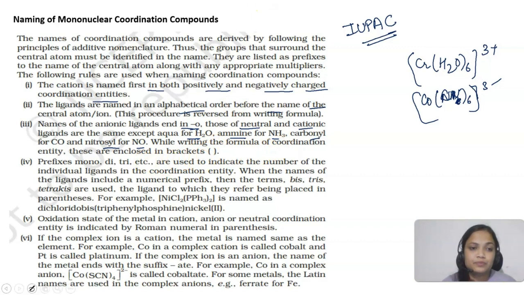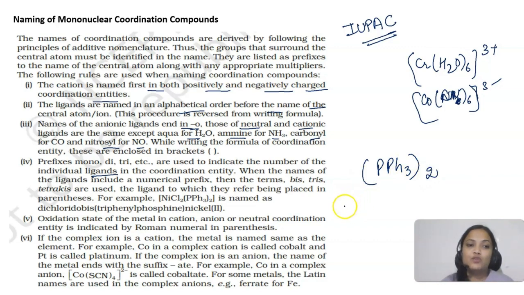Now prefixes will be used if there are more than one ligand, like mono, di, tri, etc., to indicate the number of individual ligands. When the ligand itself has a numerical prefix, like triphenylphosphine, and you have two triphenylphosphine, how will you write?